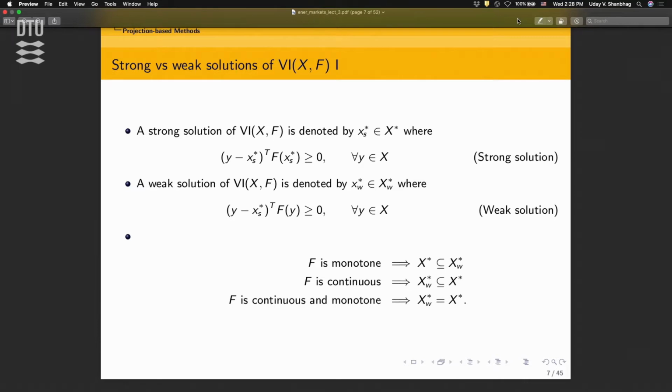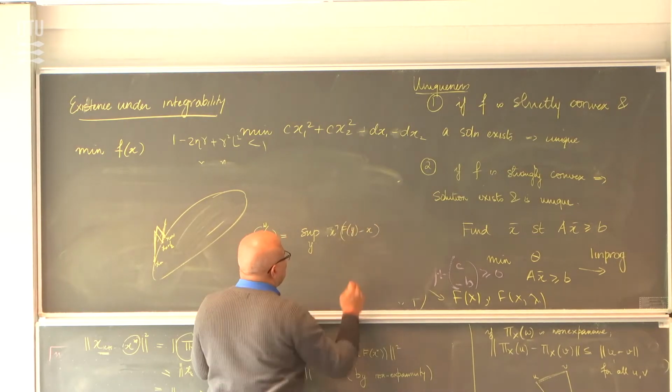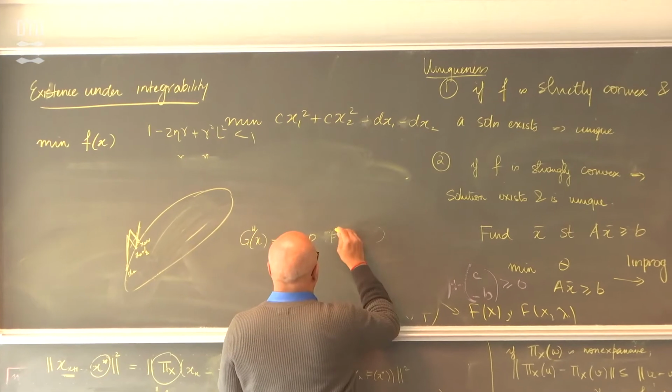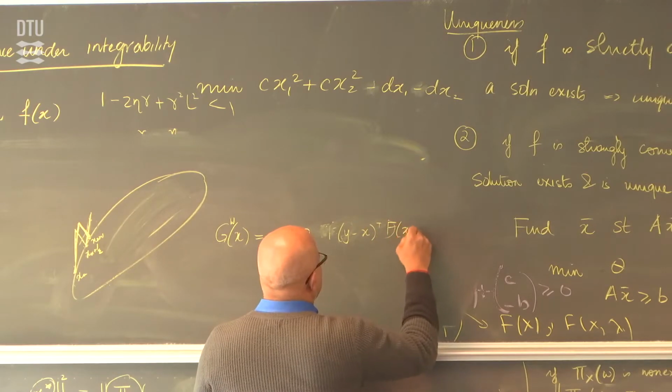So you saw that gap function. There is a gap function associated with the weak solution, called g of x, defined in this form. G_W is the supremum over y of X transpose F(y) minus x... Sorry, y minus x, transpose f of x.